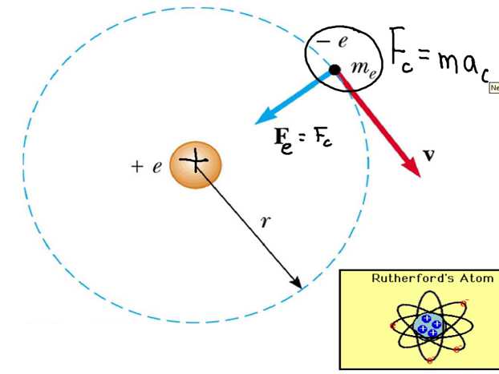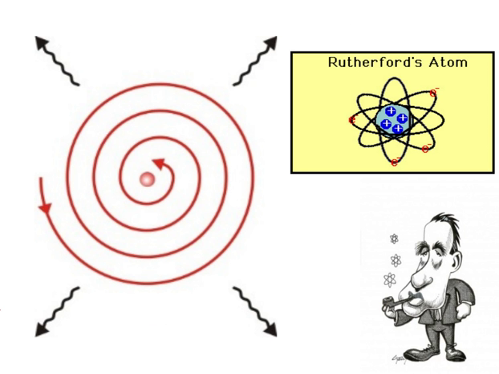The reason is that an electron is accelerating, and accelerating charges produce electromagnetic radiation. So there's going to be energy coming off in that model. In fact, as the electrons spiral, they should go faster and faster and release their energy in ever-increasing amounts.